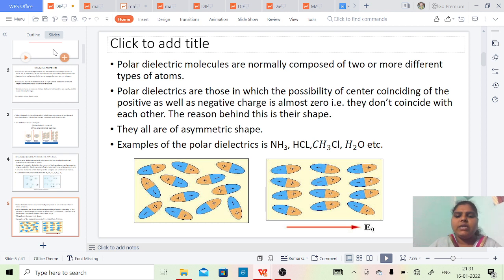The reason behind this is their shape. Due to their shape, they will not coincide, as they are all of asymmetric shape. Examples of polar dielectrics are NH3, HCl, CH3Cl, H2O, etc.